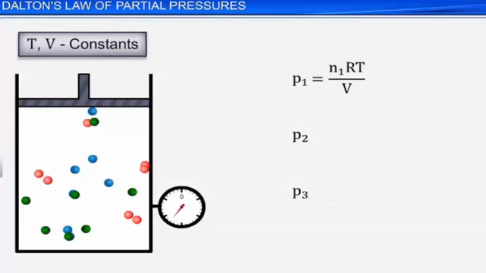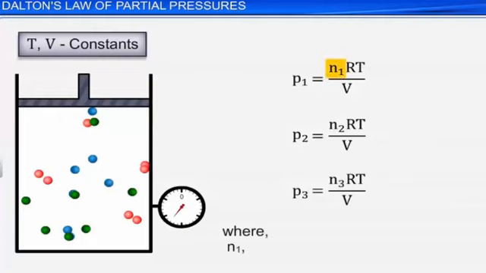Partial pressure of gas 2, that is P2, is equal to n2RT divided by V. And partial pressure of gas 3, that is P3, is equal to n3RT divided by V, where n1, n2, and n3 are the number of moles of the three gases.